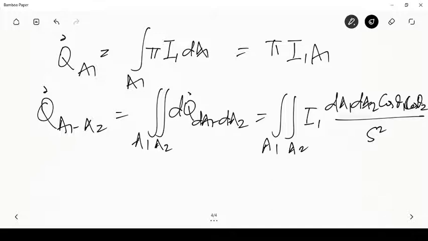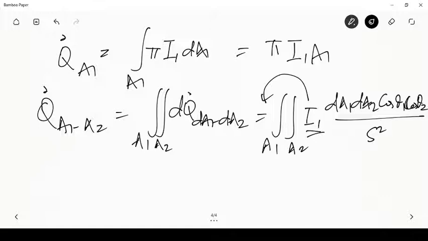So now if I take this I1 to be uniform over surface A, then this integral over A1 can be performed first, so this becomes A1, and since we are looking at gray diffuse emissions over the area A2 also, this I1 can be taken out of both these integrals. It will actually become I1 into the double integral over A1 and A2.